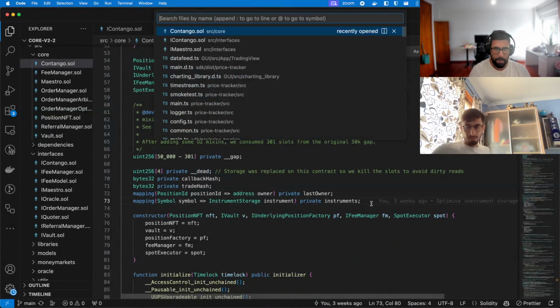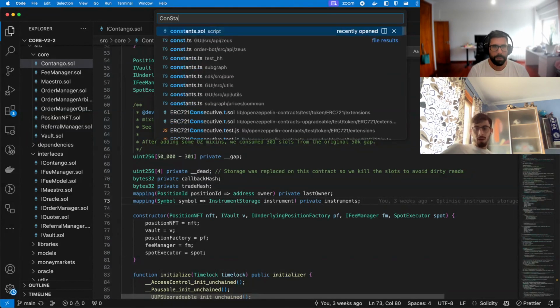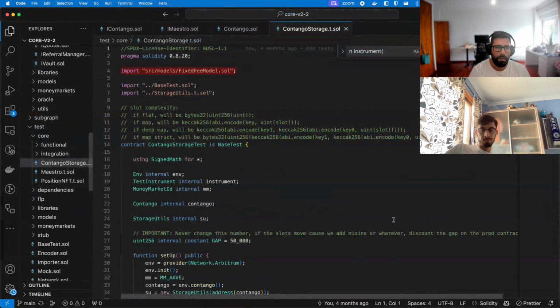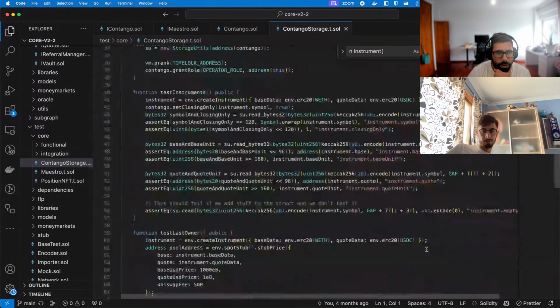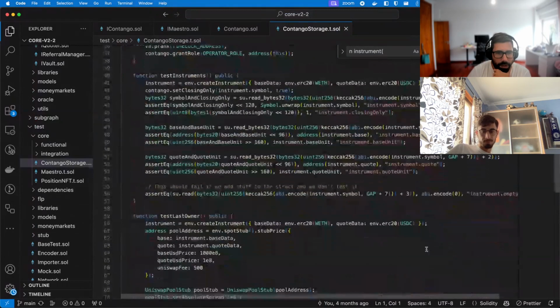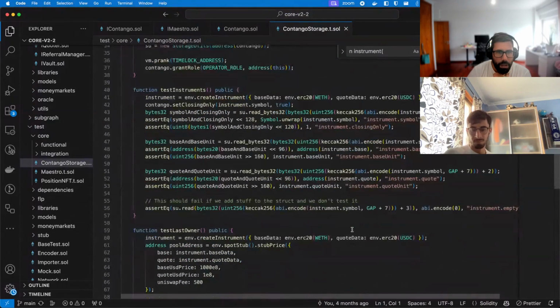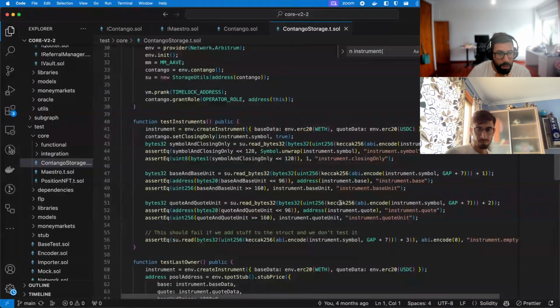That's one cool thing that we do, to avoid ever messing up with storage. We use the Foundry capabilities to introspect the blockchain.